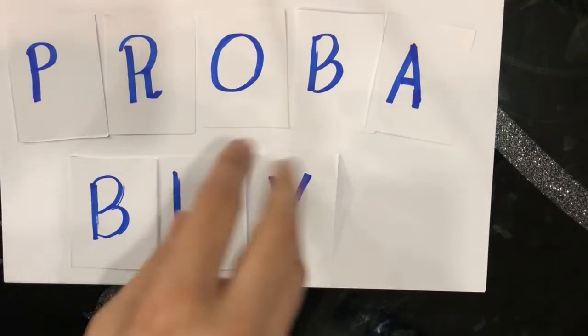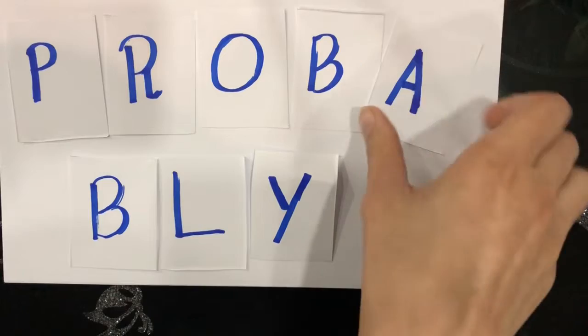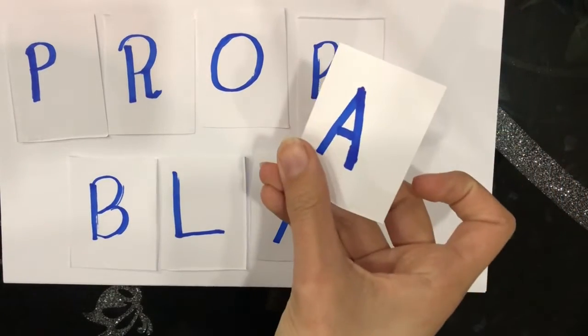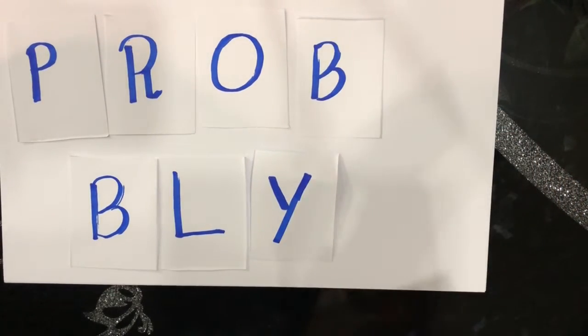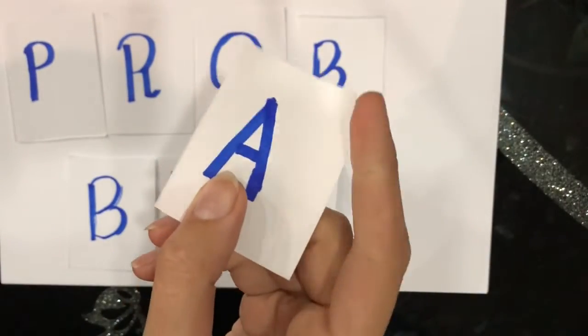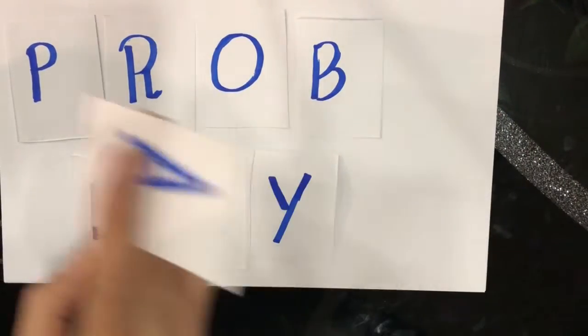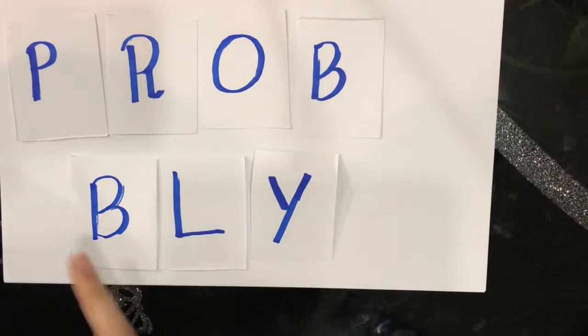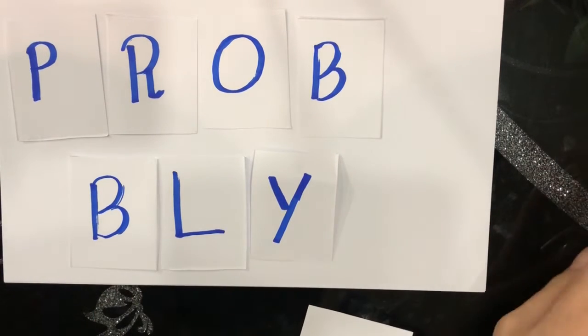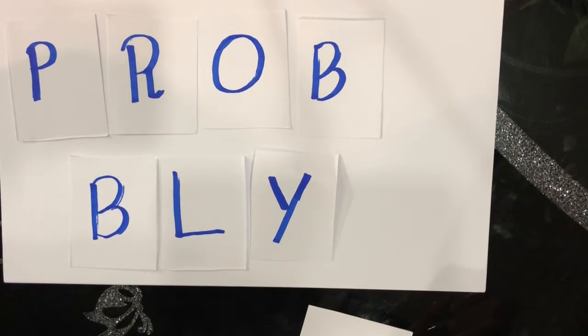If I chose a card at random, what is the probability that the card will be the letter A? The probability of that happening is 1 out of 1, 2, 3, 4, 5, 6, 7, because I only have one card of A.